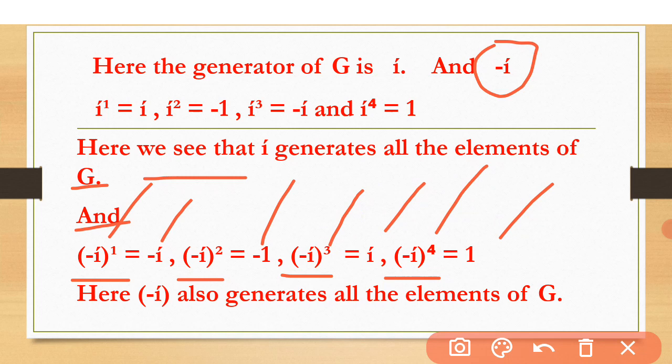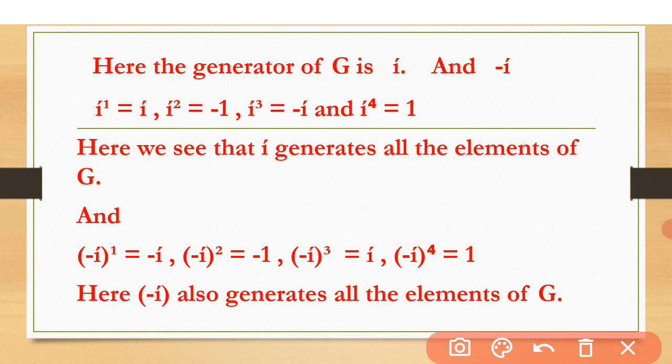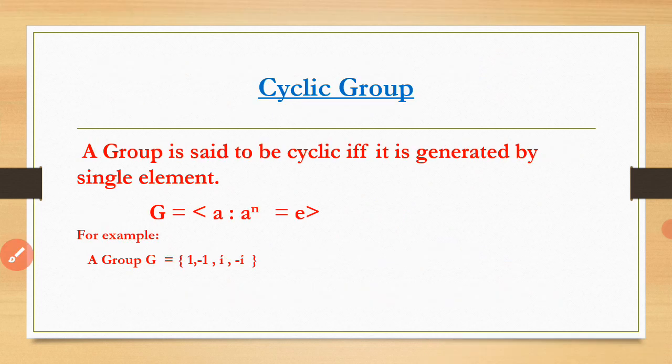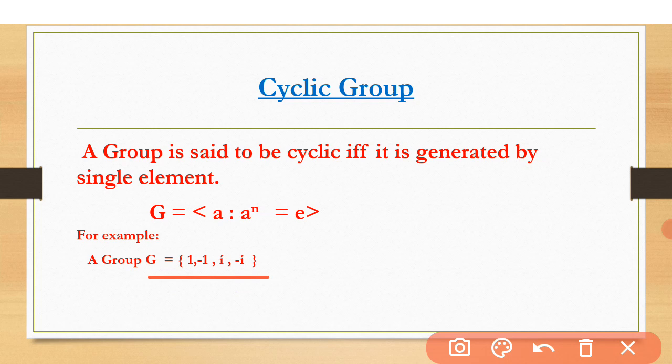So 4 elements are completed. 1 is the identity here, iota, minus iota and minus 1. This group is generated by iota and minus iota both.